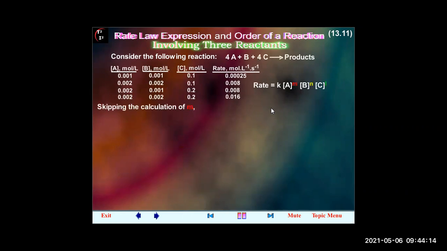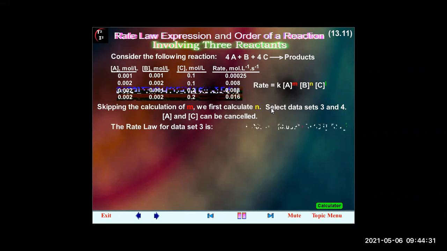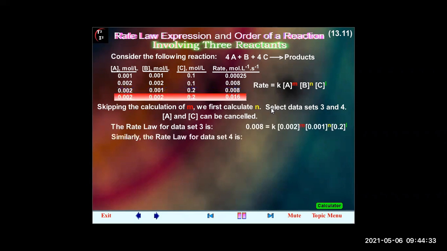Skipping the calculation of M, we first calculate N. Select data sets 3 and 4. The concentration of A and the concentration of C can be canceled. The rate law for data set 3 is. Similarly, the rate law for data set 4 is.